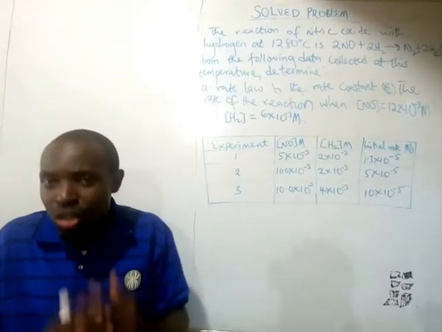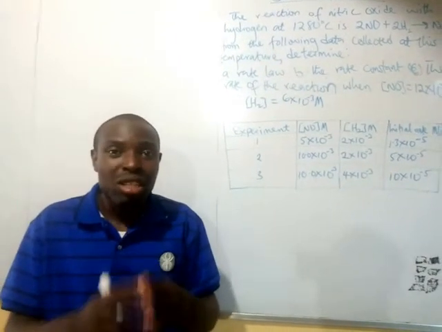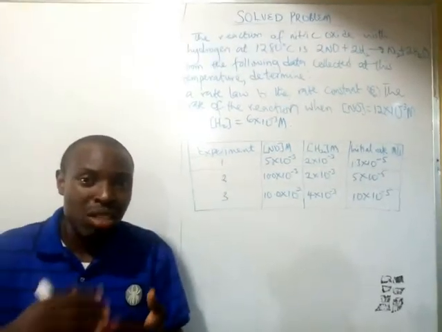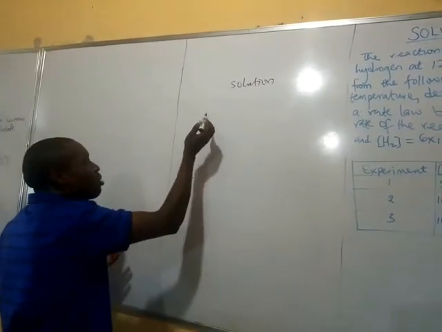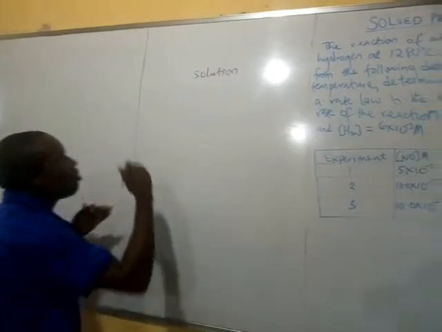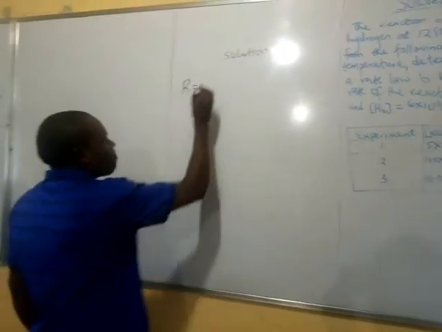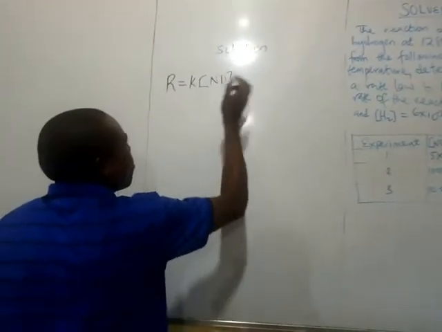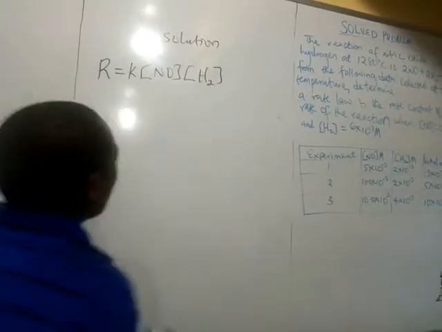But it is not like that, because we have established that the order of a reaction is determined by experiment. So to solve this, first I will write the rate of the reaction: R is equal to K, the concentration of NO, and the concentration of H2.